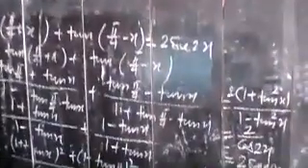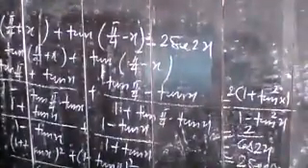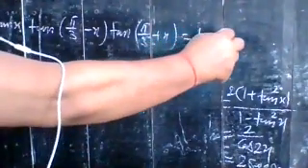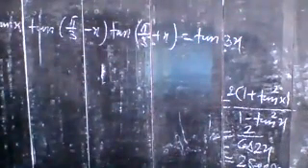Prove that tan x into tan pi by 3 minus x into tan pi by 3 plus x is equal to tan 3x. Yes, same type of question.